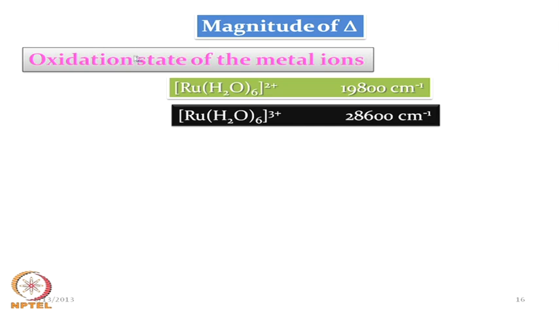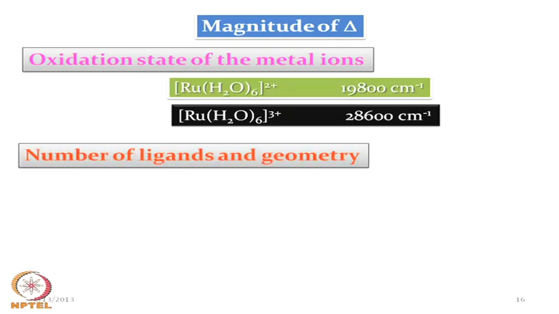But the effect of the oxidation state is drastically observed if we move from +2 to +3, that means trivalent ruthenium in the same environment, with 6 water molecules surrounding in octahedral geometry, giving a corresponding delta value of 28,600 centimeter inverse. So, definitely it changes with oxidation state. A larger crystal field is observed as we move from lower oxidation state to higher oxidation state.